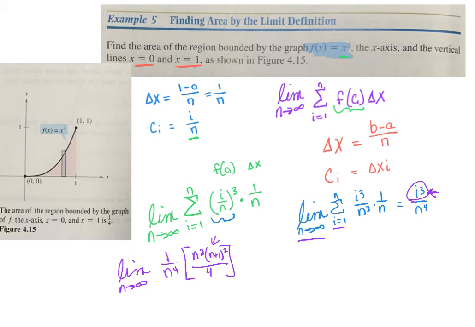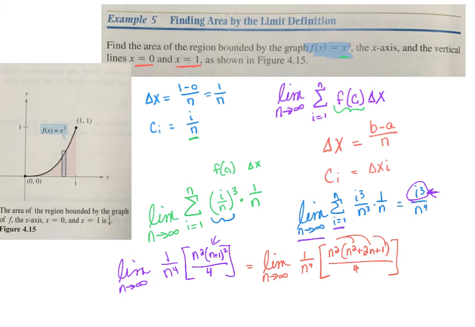So this simplifies, and some of you on your quiz didn't. So you want to make sure that you FOIL it. So I'm going to leave this 1 over n to the 4th right here. This is going to be n squared. This FOILs, so we have n squared plus 2n plus 1 over 4. And you can distribute him.